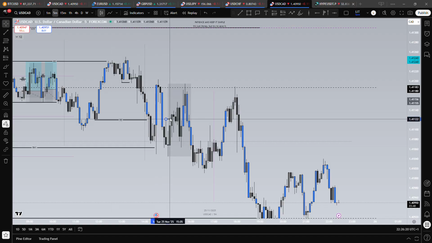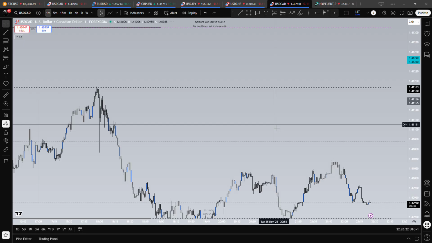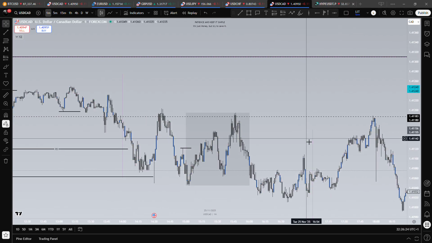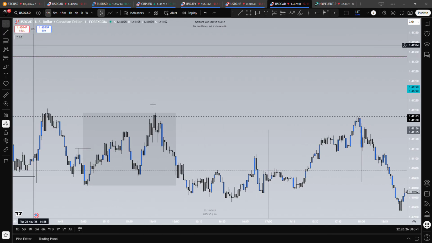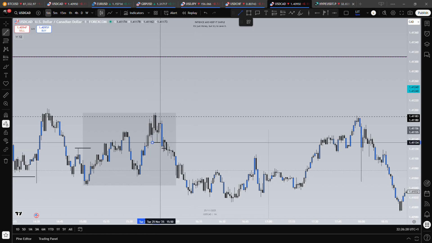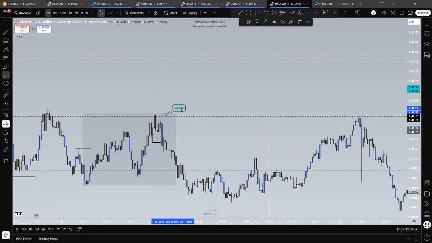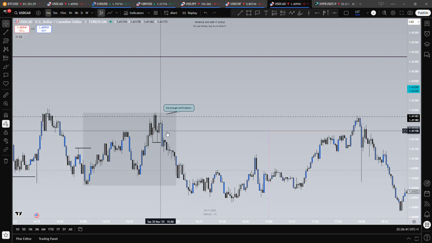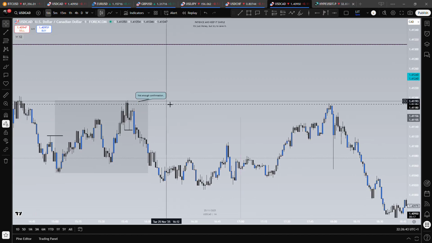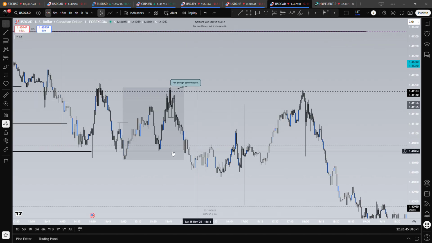And then we took this to the downside. We had a break of structure here. So we had an entry opportunity on M1, but not confirmed enough, because we didn't mitigate this.